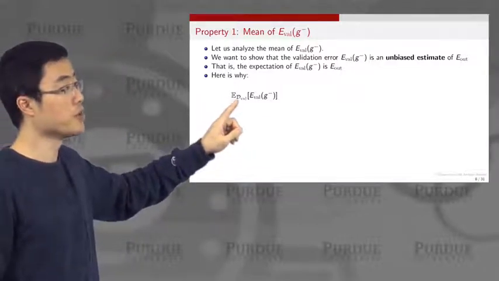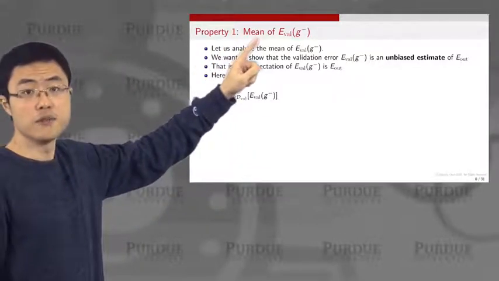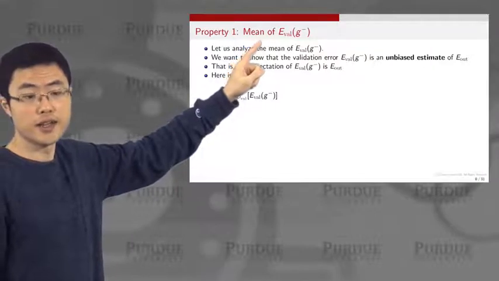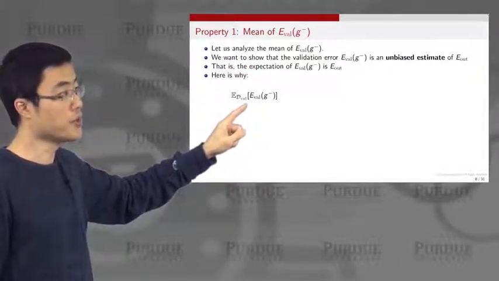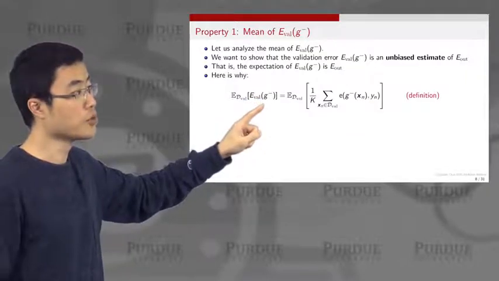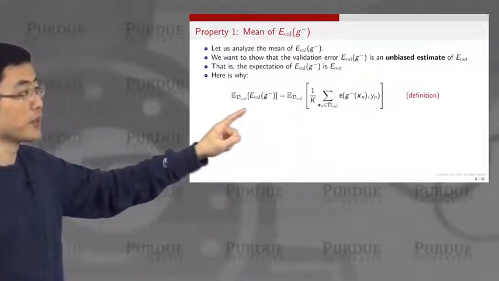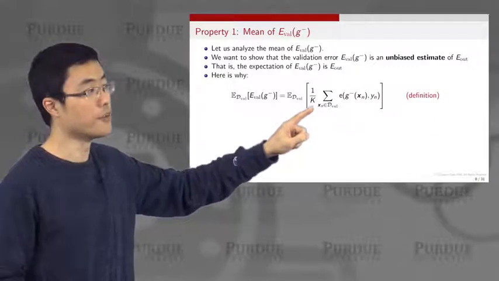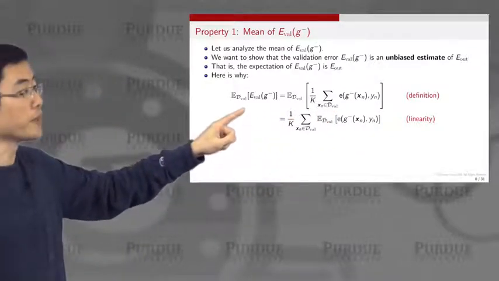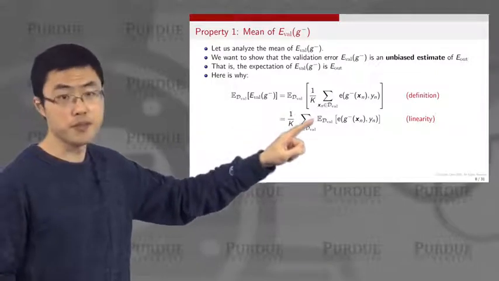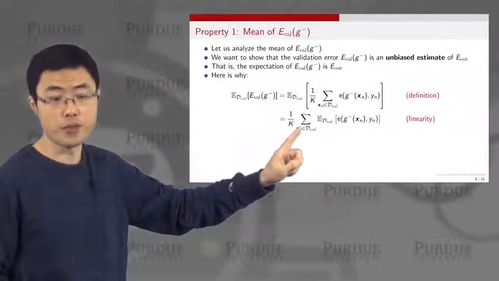Okay, so here is what we mean by the mean of the validation error. I want to take the expectation of the validation error, and you keep the expectation outside and put the definition of the validation error into this equation. And then you can move the expectation into the summation because the expectation is just a linear operation.